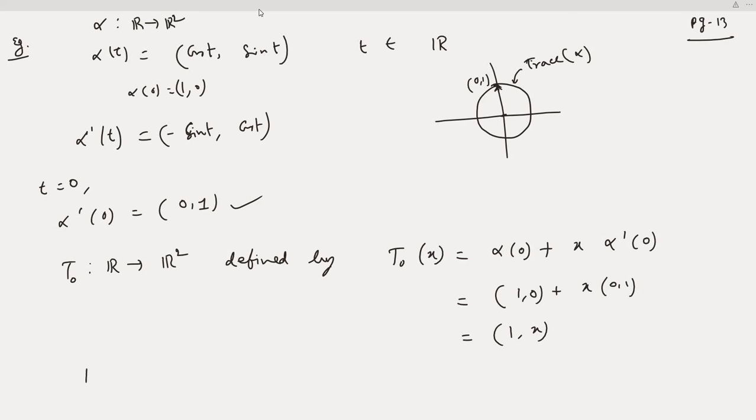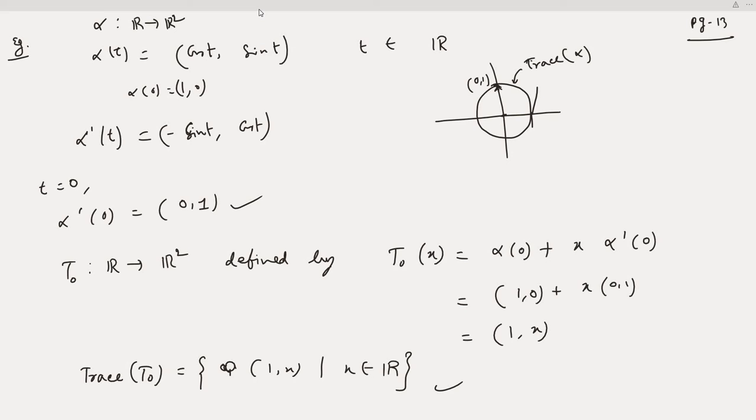Then the trace of T0 is 1 comma x such that x belongs to R. So what is this? This is the tangent line at the point alpha of 0.